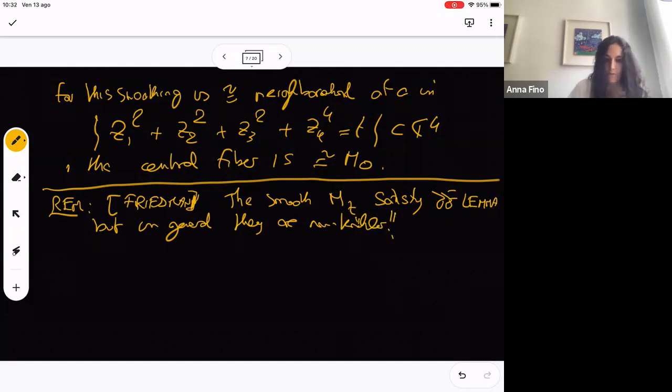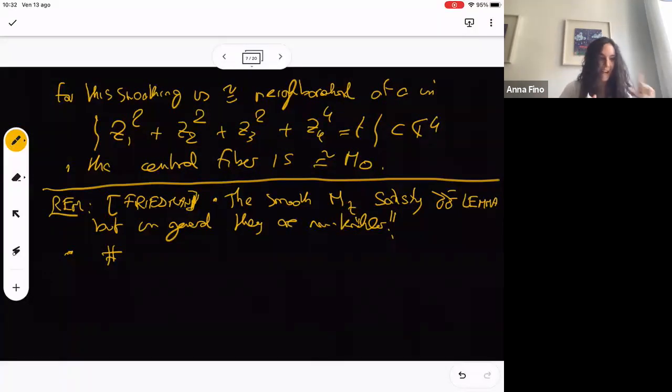And then another thing that Friedman showed is that, remember, S3 cross S3 is a special type of Calabi-Eckmann manifold, so it doesn't admit a balanced metric, right?